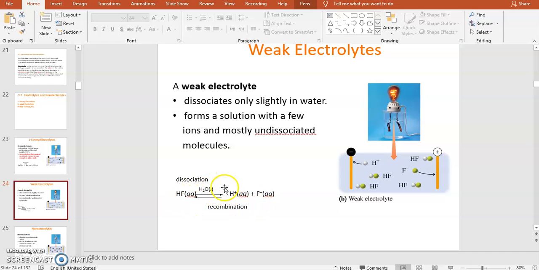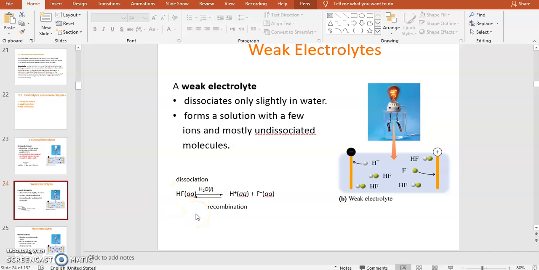You can see the two arrows here. Whenever you have an equation with these two arrows, which we learned last time, that's called a reversible reaction, and it means that the dissociation of this compound in water is partial, not total.